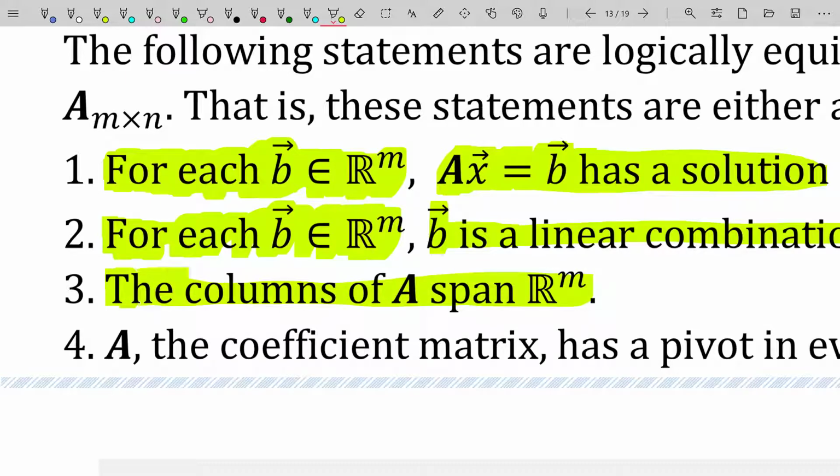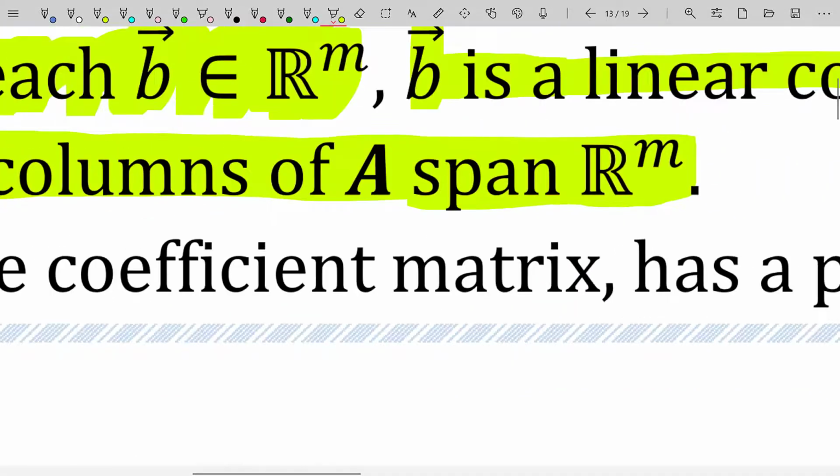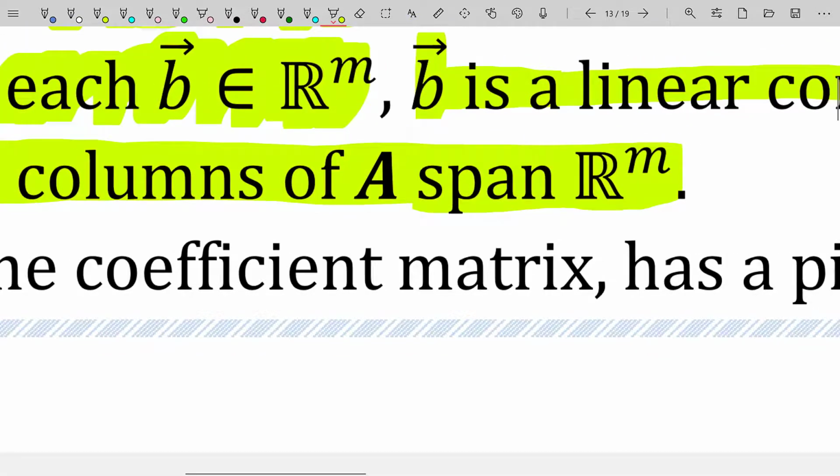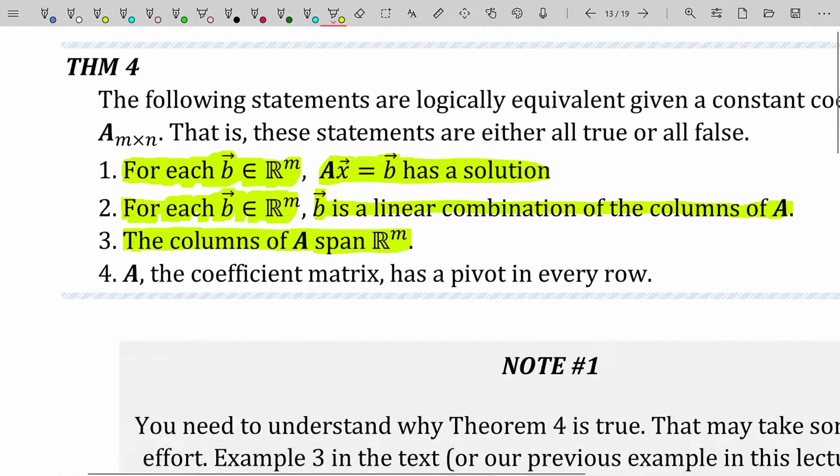That is, the columns of A build the entire space Rm. So that's essentially saying you could take any vector in Rm and create it using a linear combination of the columns of A. Very, very similar to statement number 2, actually.